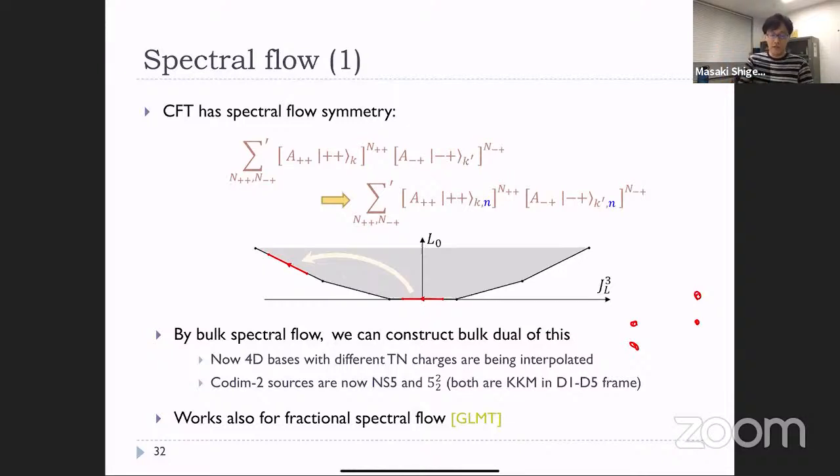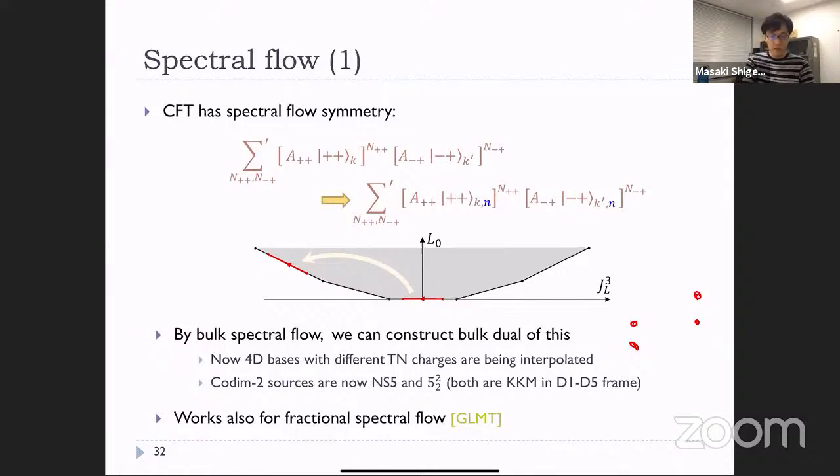And in this case, if you spectral flow, the coordination sources are now not just NS5, but it also has this exotic 5_2^2 in this 2A frame. But if you go back to the D1-D5, everything is just a Kaluza-Klein monopole, because we are all just talking about the original Lunin-Mathur geometry and the coordinate transformation. So all you have is a Kaluza-Klein monopole.